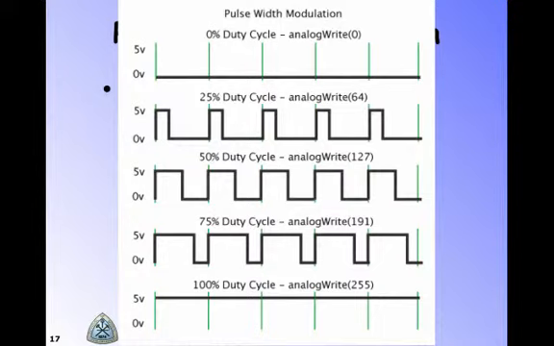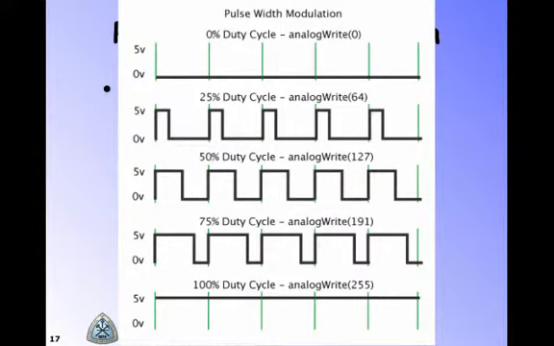And the intermediate 25, 50, and 75% duty cycles show a varying amount of on-time to period ratios that result in 25% on, 50% on, and 75% on power to the motors.